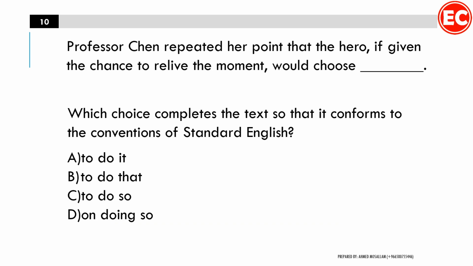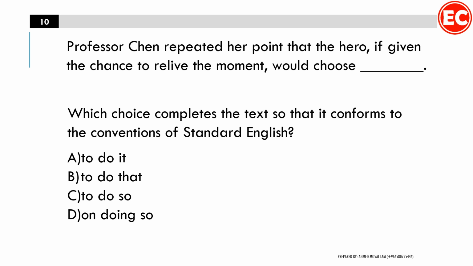Let's come to the last question. Professor Chen repeated her point that the hero, if given the chance to relive the moment, would choose what? Remember, we needed to be clear.